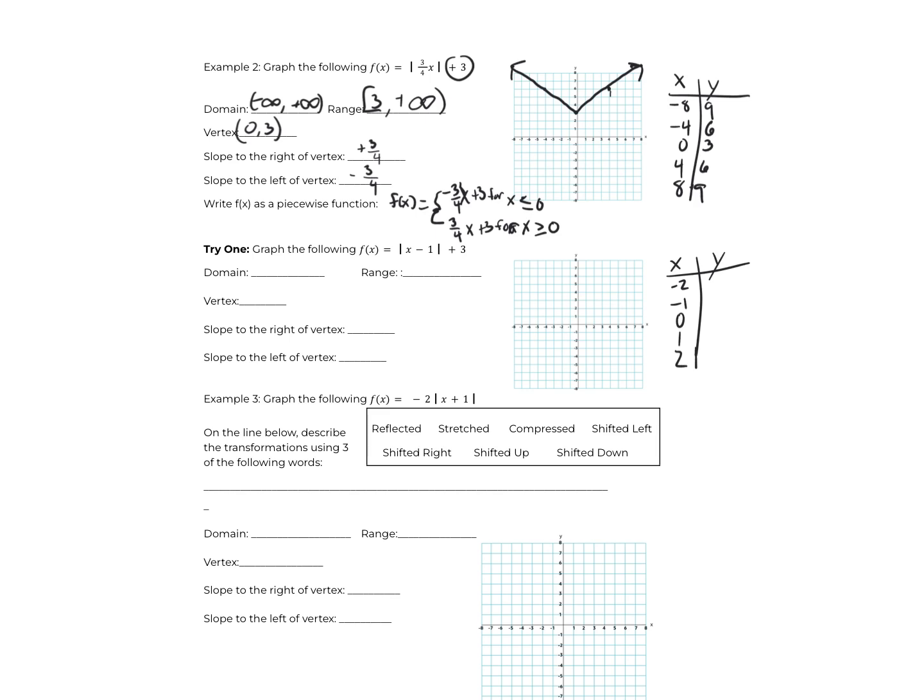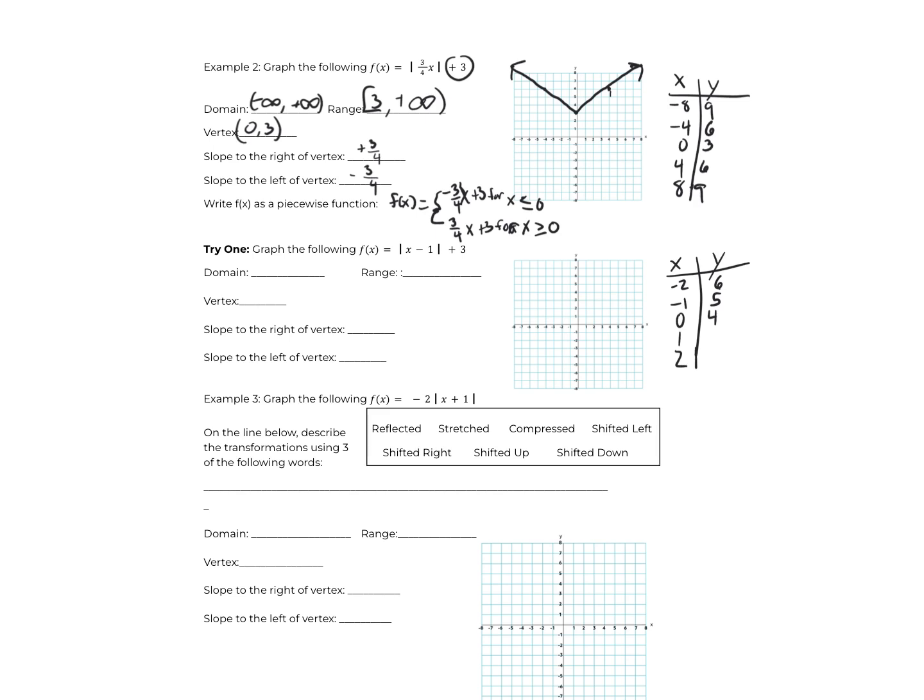Negative 2 minus 1 is negative 3. The absolute value of negative 3 is 3, and 3 plus 3 is 6. Negative 1 minus 1 is negative 2, the absolute value of negative 2 is 2, and 2 plus 3 is 5. 0 minus 1 is negative 1. The absolute value of negative 1 is 1, and 1 plus 3 is 4.